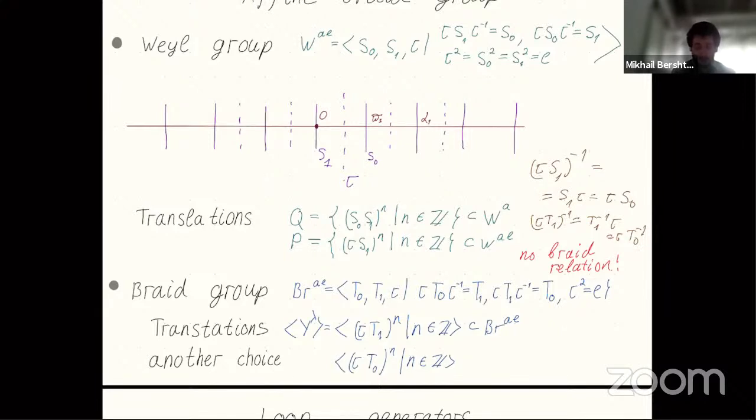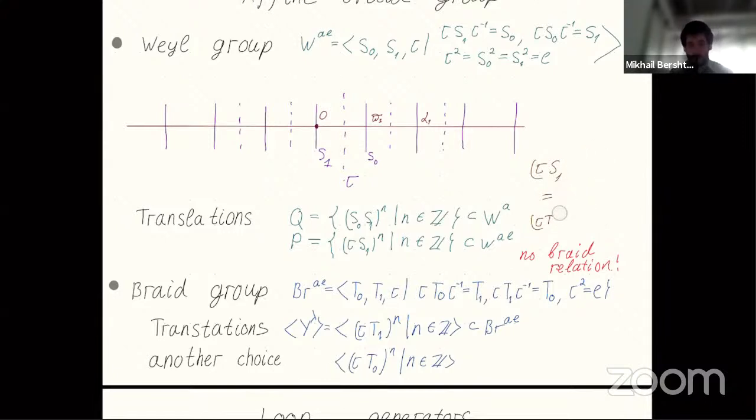So actually there is another choice, this choice of the translation subgroup in the affine braid group. When I write this formula, I actually made some non-canonical choice, and we will see it in our construction. I hope I will show where it is important.